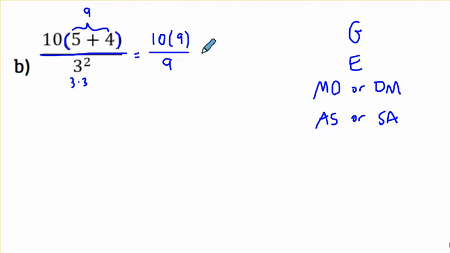Okay, we keep on going, so we're still going to need to do the top part since this is still sort of a grouping symbol. 10 times 9 is 90. And then we have this bar, which of course means to divide by 9 on the bottom. And I will leave it to you to figure out the answer for that one.